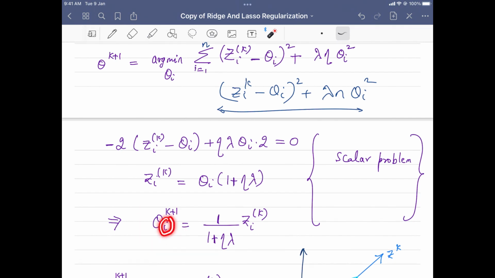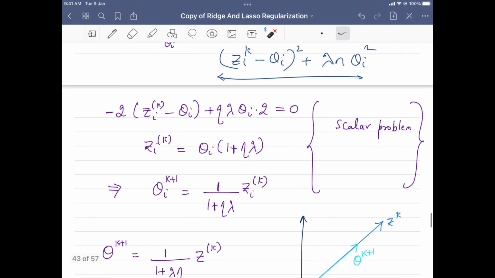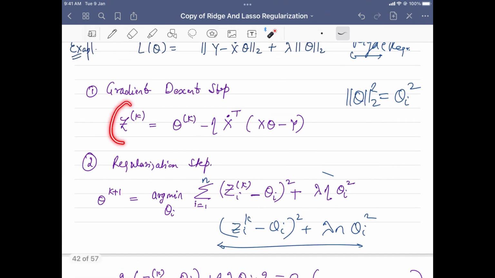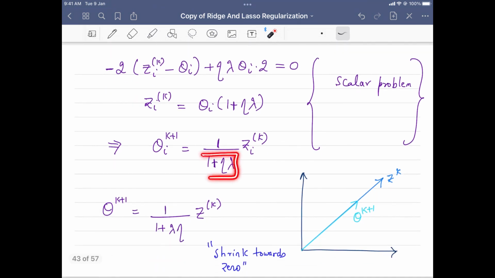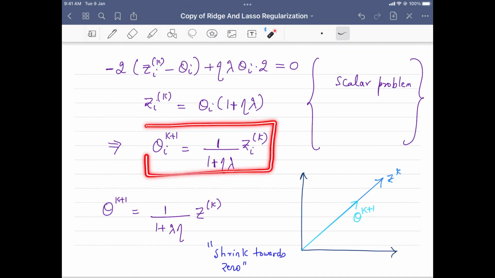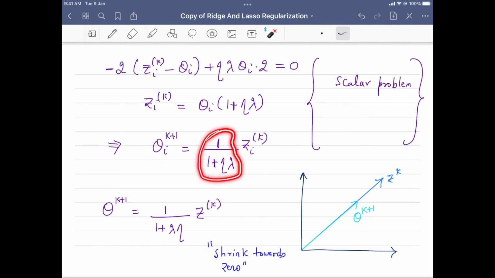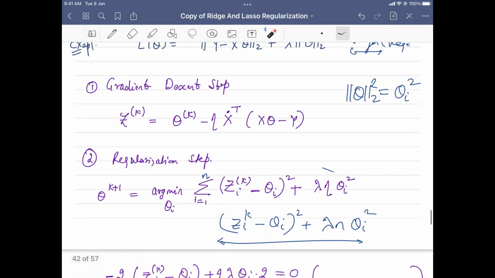For the individual component, whatever result you are getting for zk through this expression, you are dividing it by 1 plus lambda eta. So the individual components of the theta vector, theta i, are scaled by 1 by lambda eta times the individual component of zik, which you obtain through this gradient descent step.